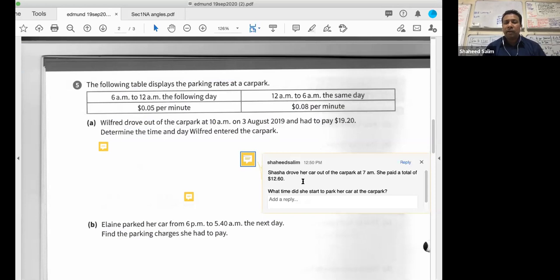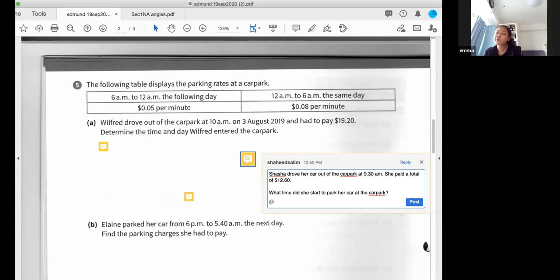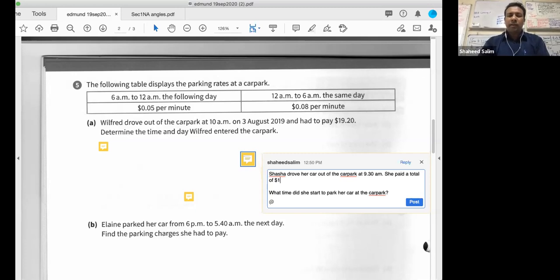Shasha drove her car at 9:30. Hold on. She paid $15.30.